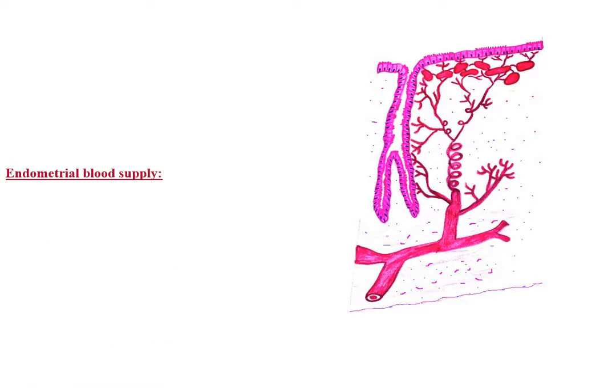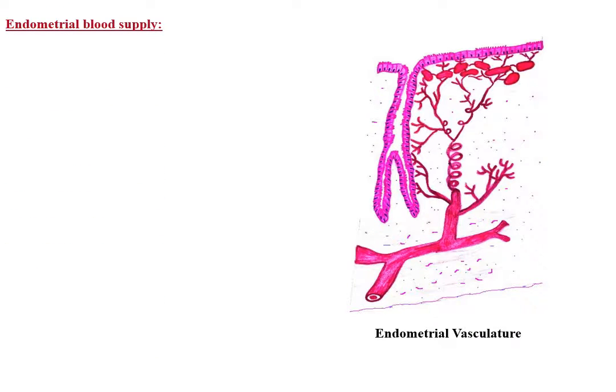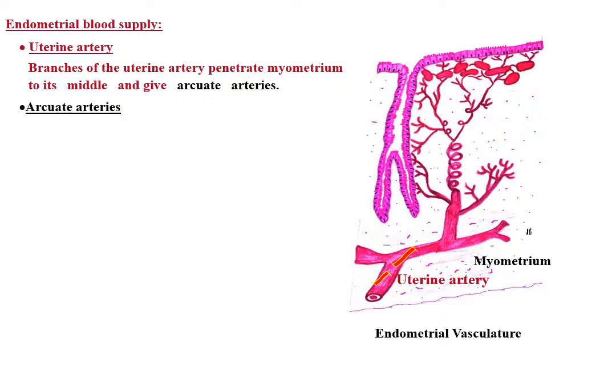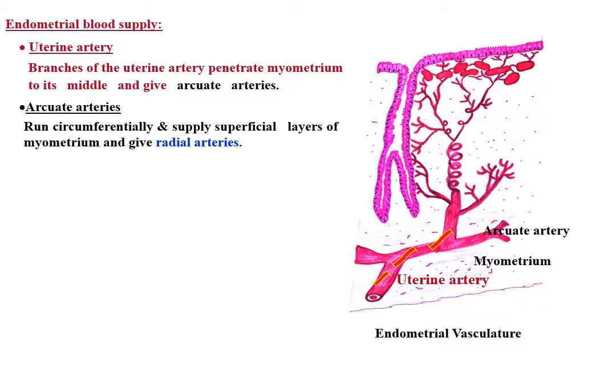Endometrial blood supply. Branches of the uterine artery penetrate the myometrium to its middle and give arcuate arteries that run circumferentially in the myometrium and supply the superficial layers of the myometrium and give the radial arteries that supply the endometrium.